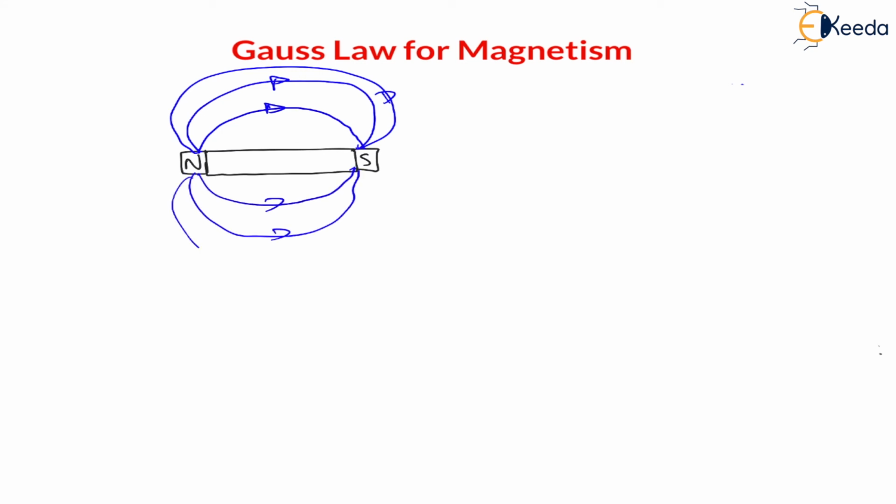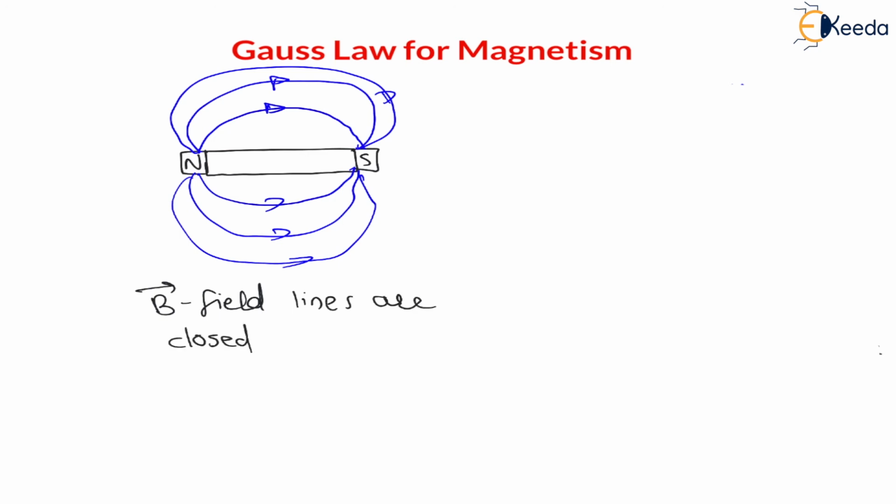The magnetic field lines are always closed continuous curves, B field lines, that we have already seen in magnetism.